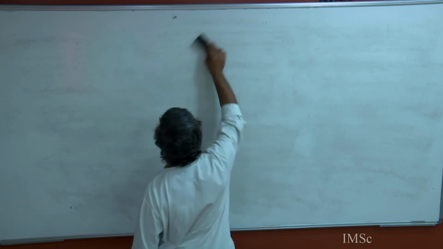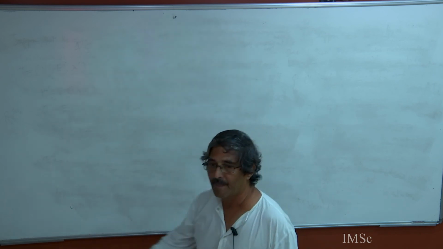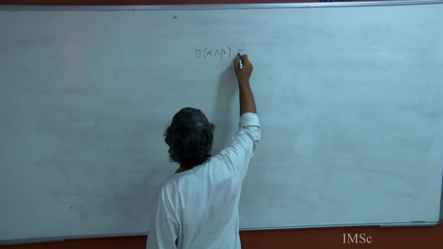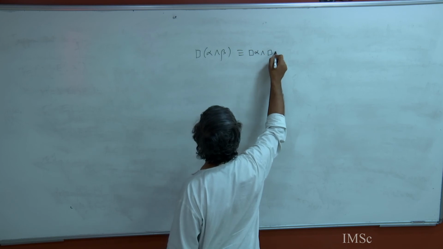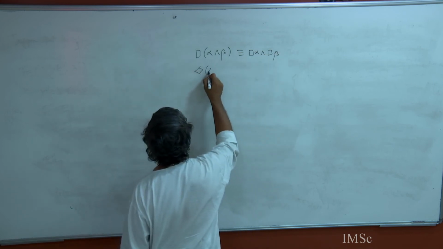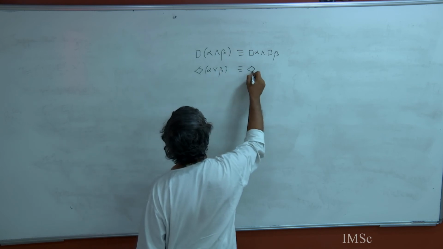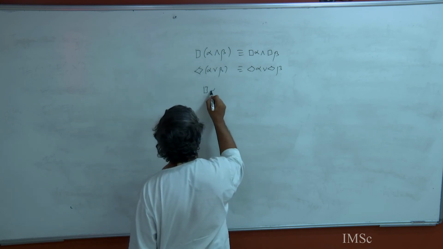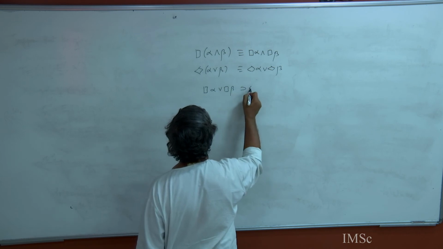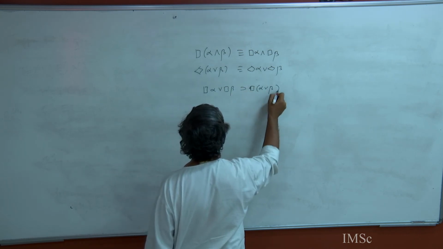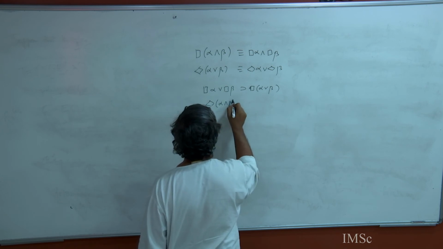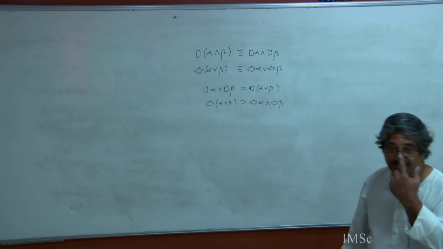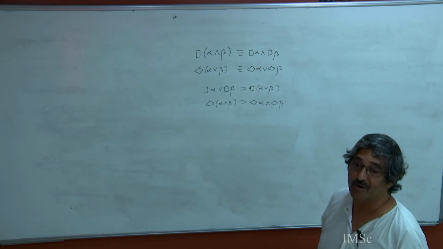We have already seen certain validities. We have seen validities like box, by duality, and the natural question is what will be a complete set of axioms.